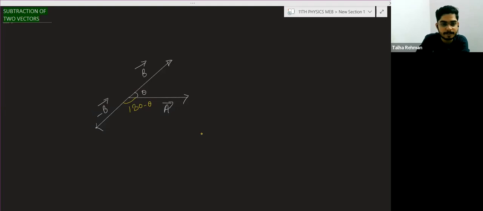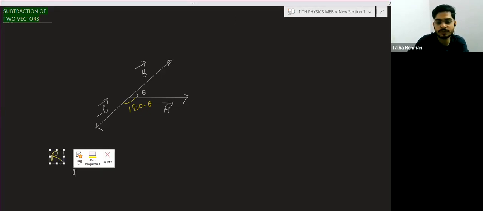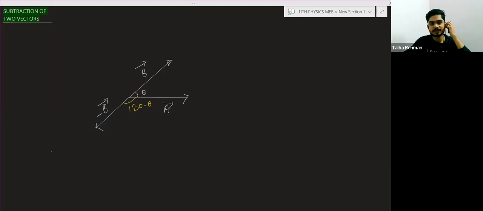Now I can say the R vector. Focus on these two vectors, this minus B vector and this A vector. Now we have to calculate the resultant of this minus B vector and A vector.